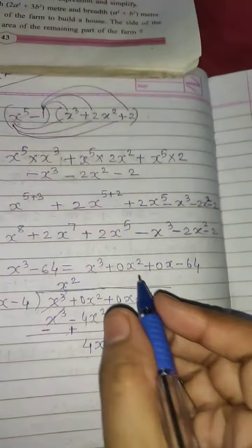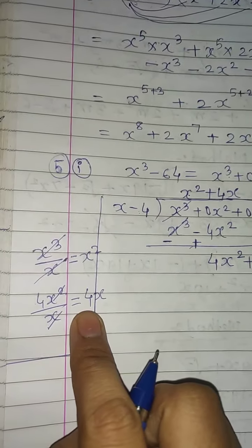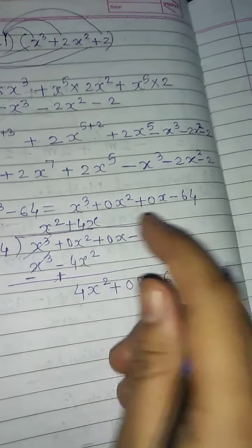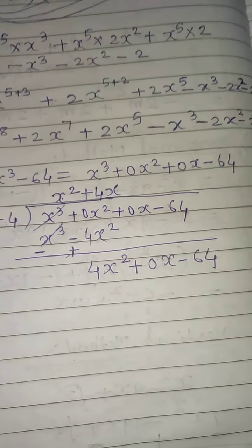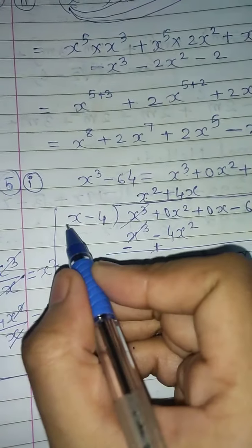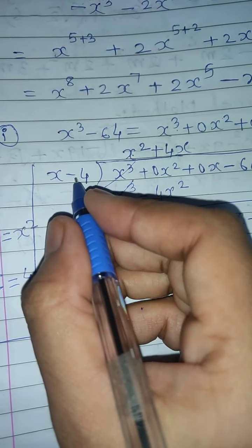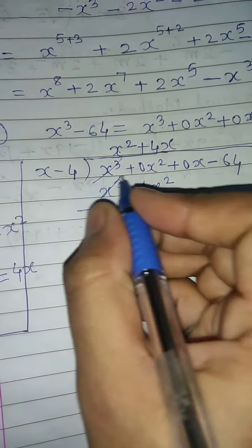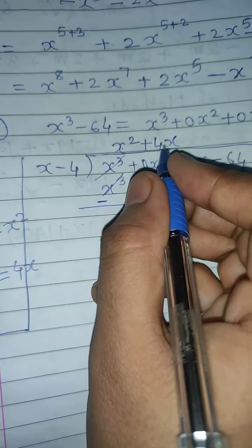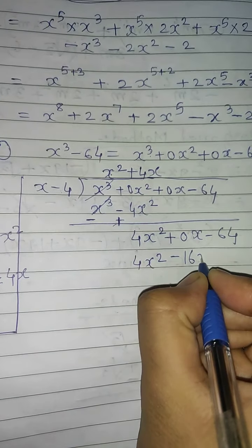Now this 4x we will write up. If suppose we get minus 4x, then you have to write minus; whatever sign you get you have to write that sign. Now again multiply 4x into x, you will get 4x square, then minus 4 into 4 is 16x, so here we will write 16x.